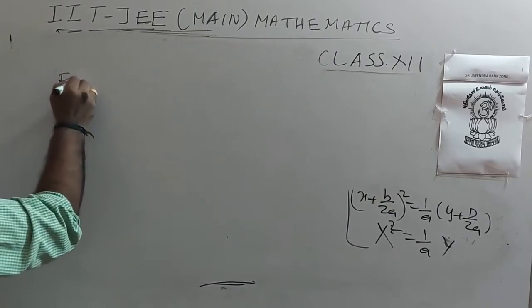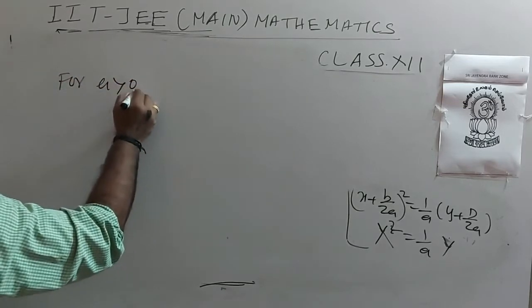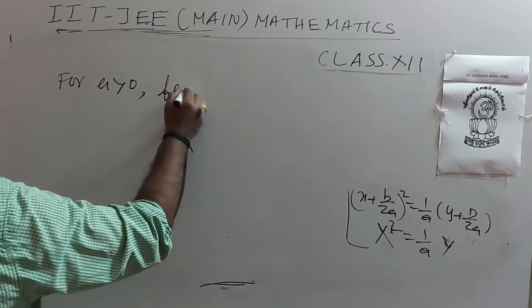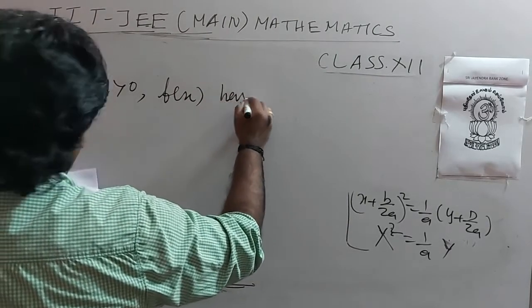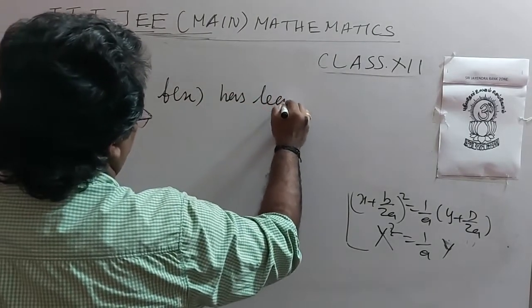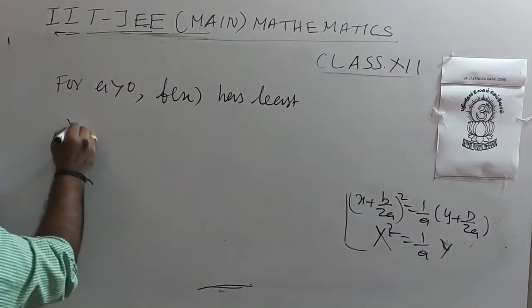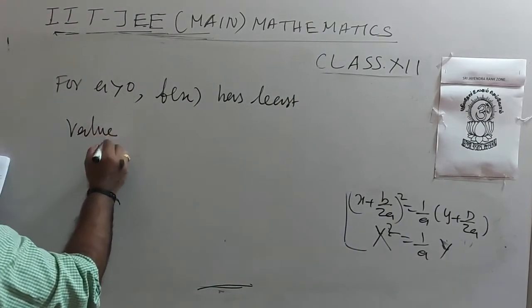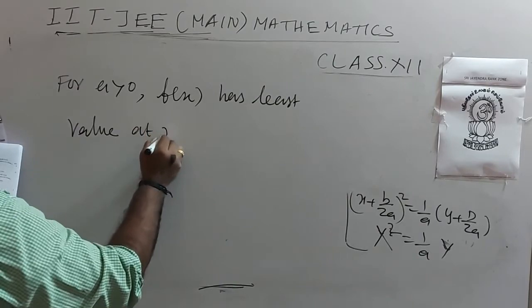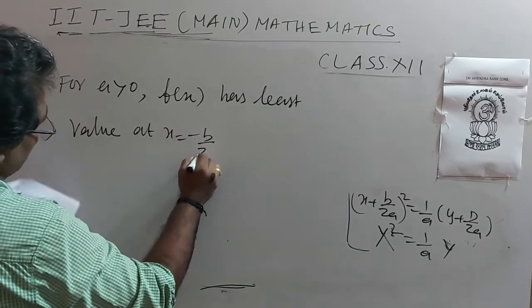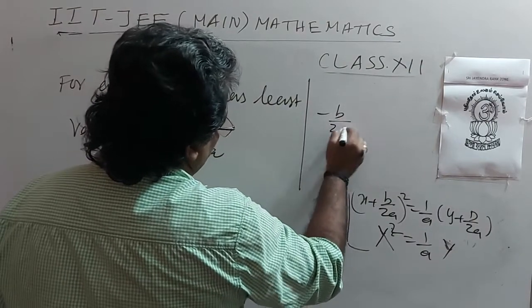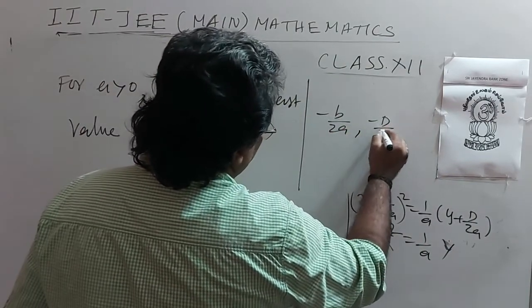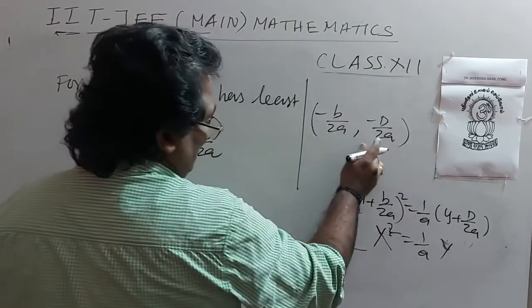For a greater than 0, f of x has least value at x equal to minus b by 2a. This is the vertex.